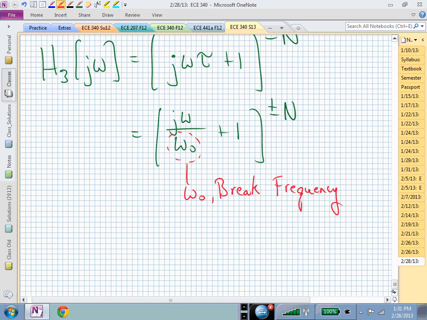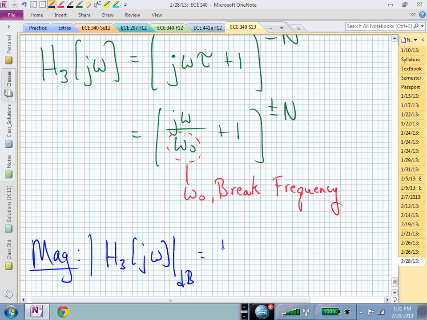If we now wanted to look at the two pieces of this, like we've done before, we have a magnitude term, which is just to take the magnitude and find its value in dB, meaning we now have plus or minus 20 N times the log of the magnitude of j omega over omega naught plus 1.